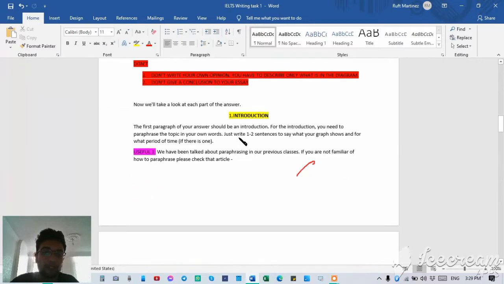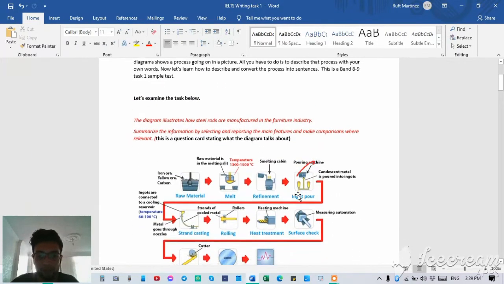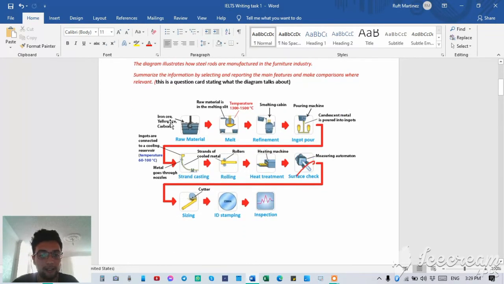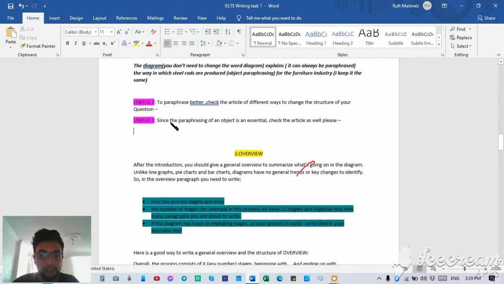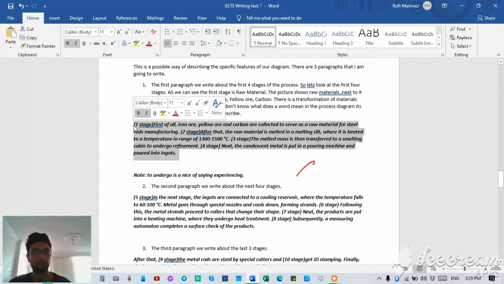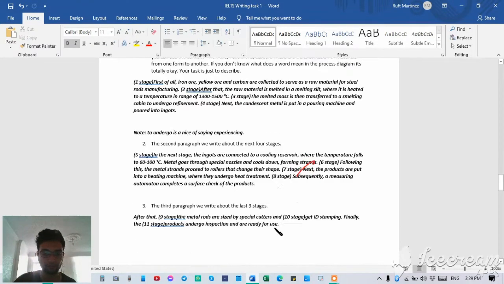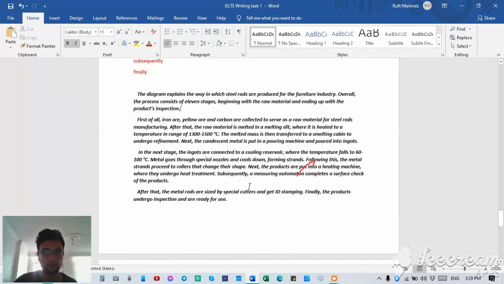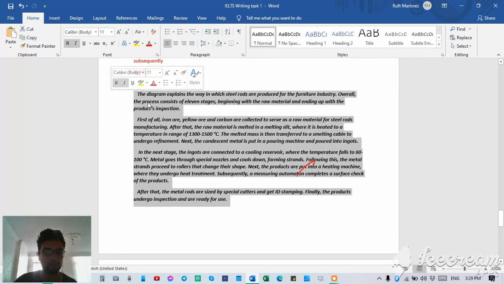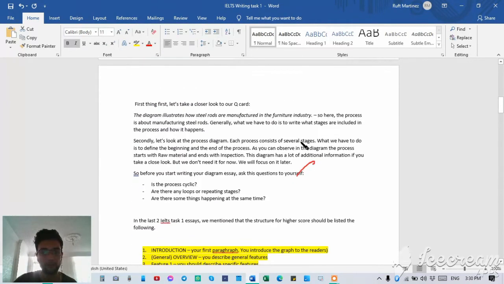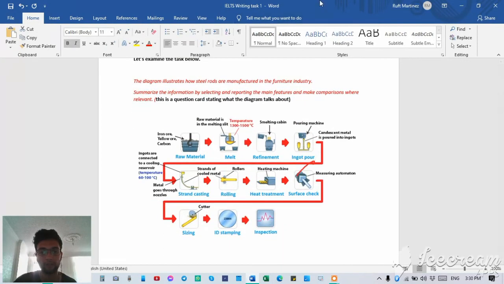It has 4 stages, as we said before: stage number 1, stage number 2, stage number 3, stage number 4. I want to show you both at the same time, so let me copy this so that we can see the diagram itself.